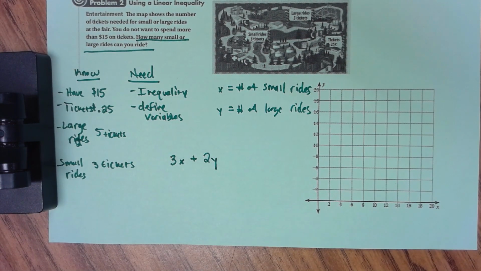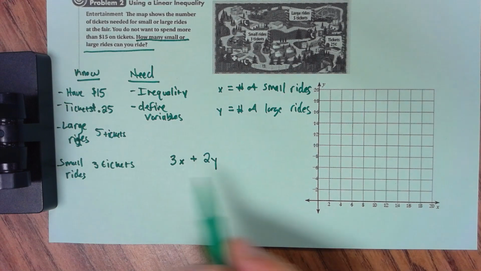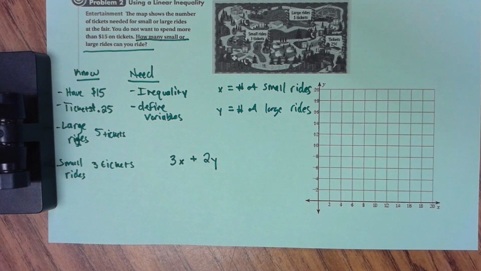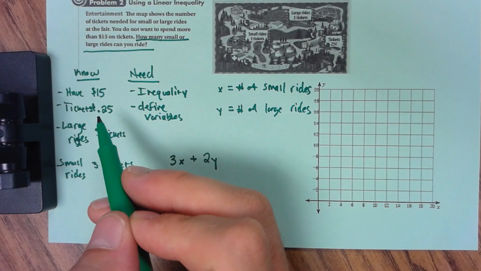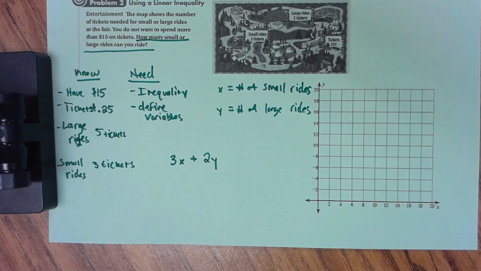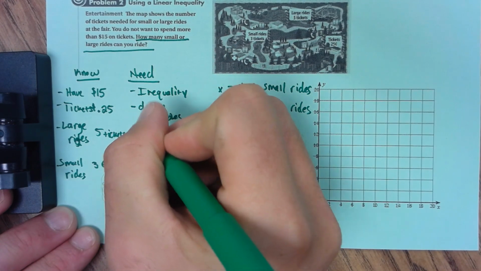And then I'm like, okay, this whole equation is in terms of tickets, right? One thing we can figure out is how many total tickets we can buy with the money that we have. So we also need to figure out how many tickets we can buy.